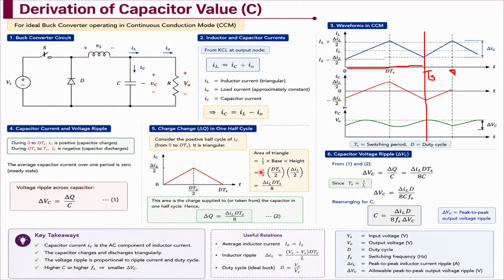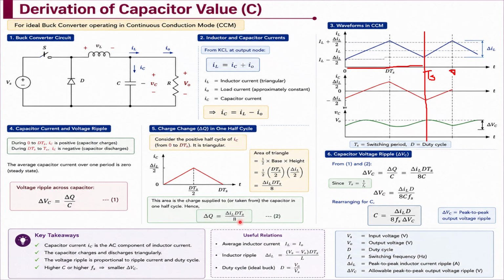So half into DTs by 2 is the base of this triangle, and the height of the triangle is delta IL by 2. So the area of this triangle can be written as delta IL DTs upon 8. So delta Q is delta IL DTs upon 8.